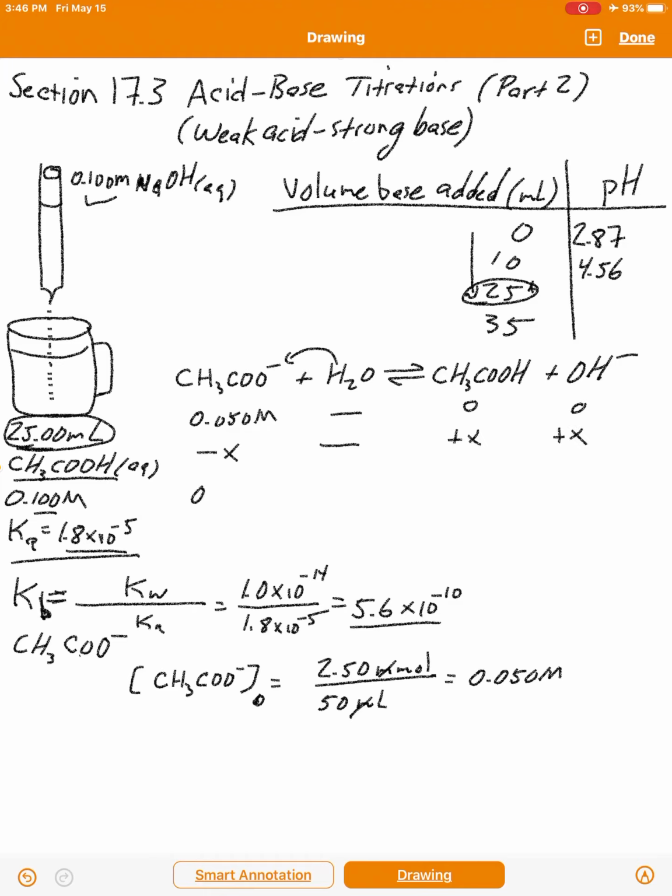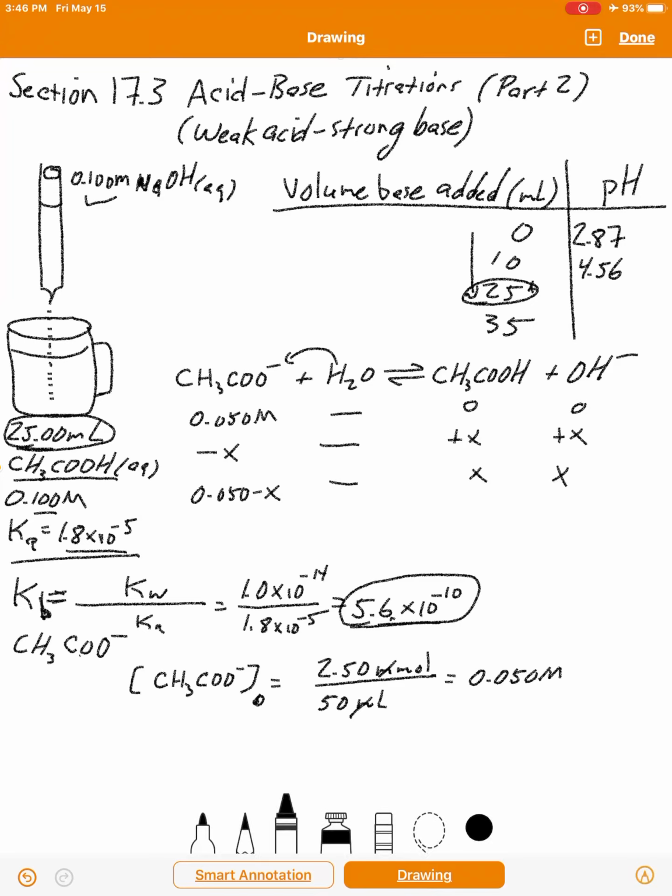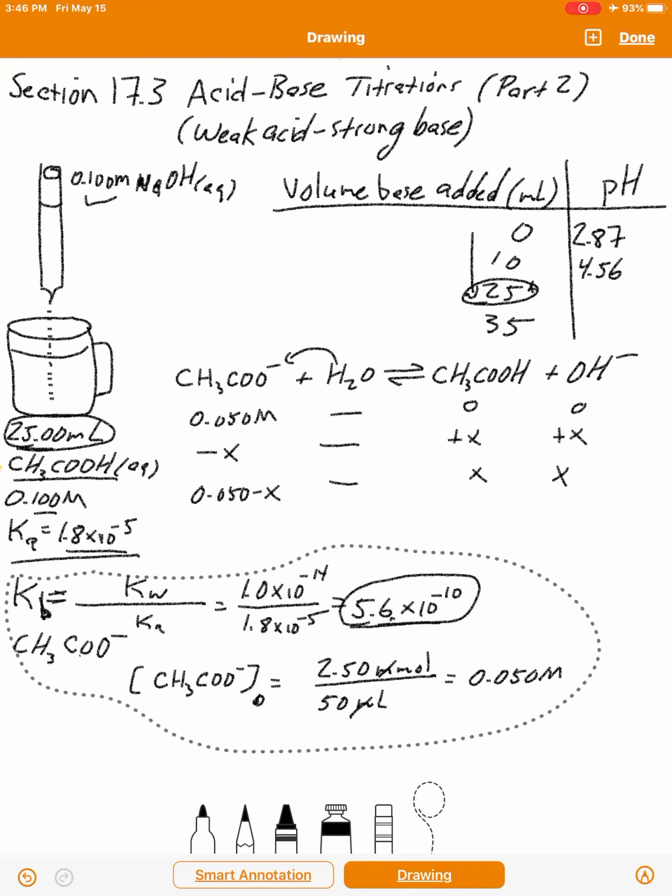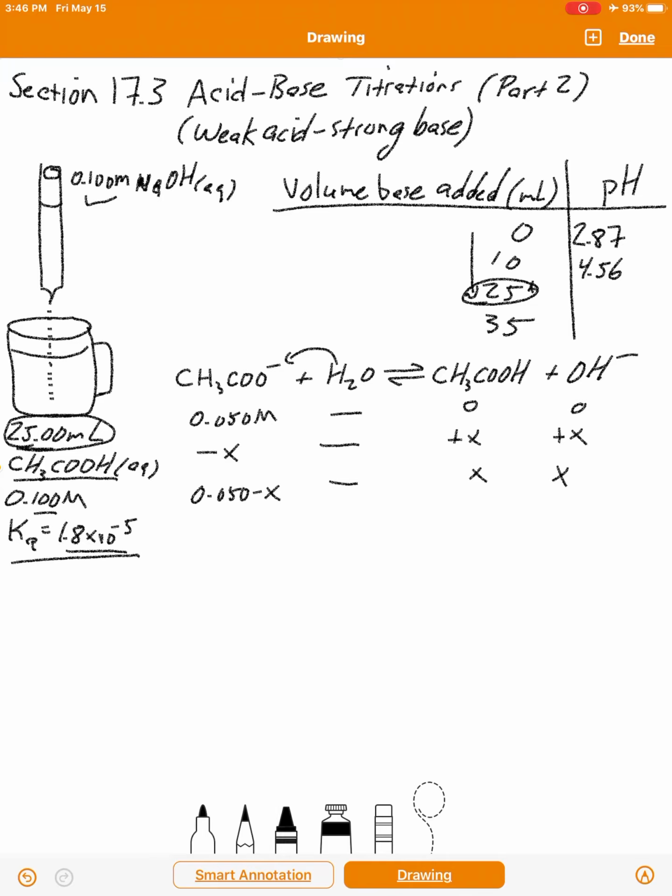And so then at equilibrium, 0.050 minus X, X and X. Very small X, because if you look at that Kb, it's tiny, so we're going to have a very small amount of X. So that means that we can make a nice little assumption, simplify the algebra in terms of finding X. Okay, so we have Kb equals X squared over 0.050 minus X. And that is equal to 5.6 times 10 to the negative 10.